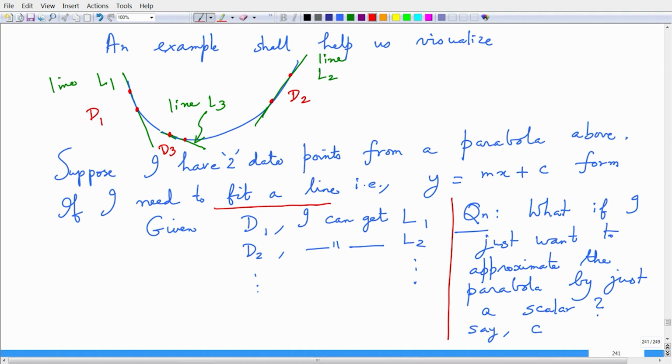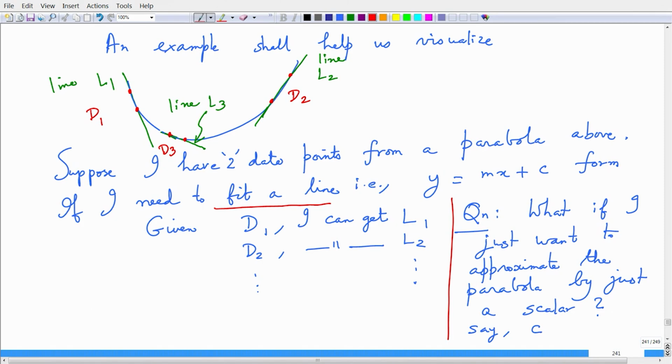Now, one may ask this question: if I want to fit the points with just a scalar, that is, I just have one variable which is just a scalar. Now, I have 2 parameters, the slope and the intercept, and I fit a line, right.